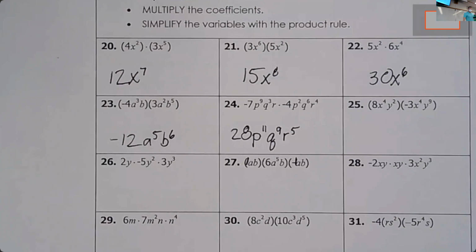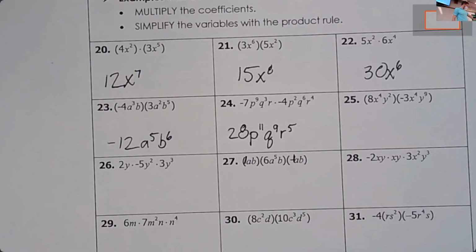So it's just like what we've been doing earlier in the year. If there's no number in front of a variable, it can always be a 1. Up another minute or so.